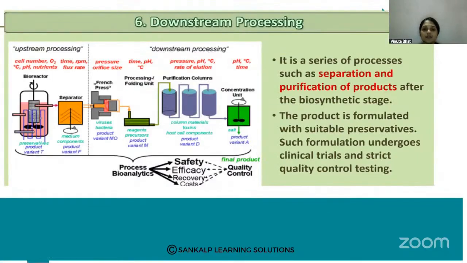Okay, so these are all the steps involved in recombinant DNA technology. Here you can see the downstream processing.